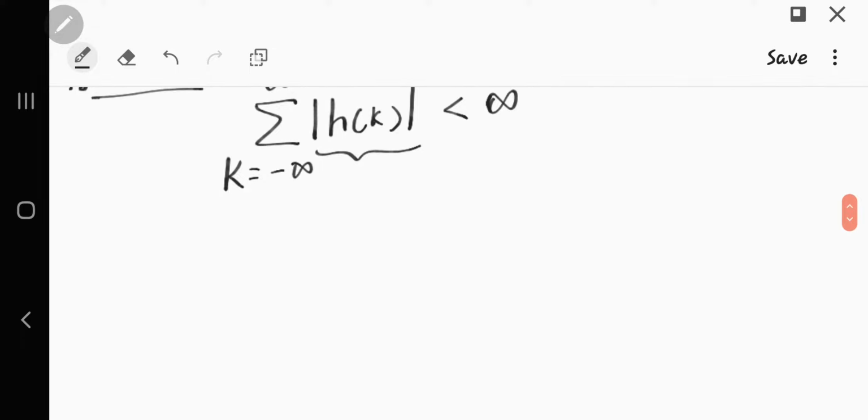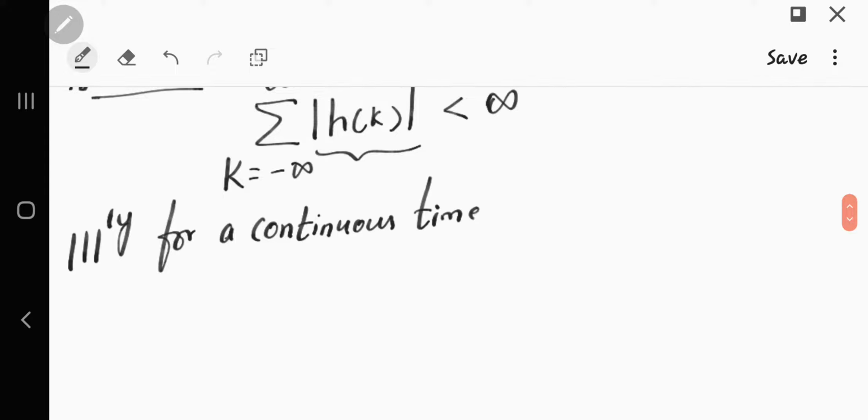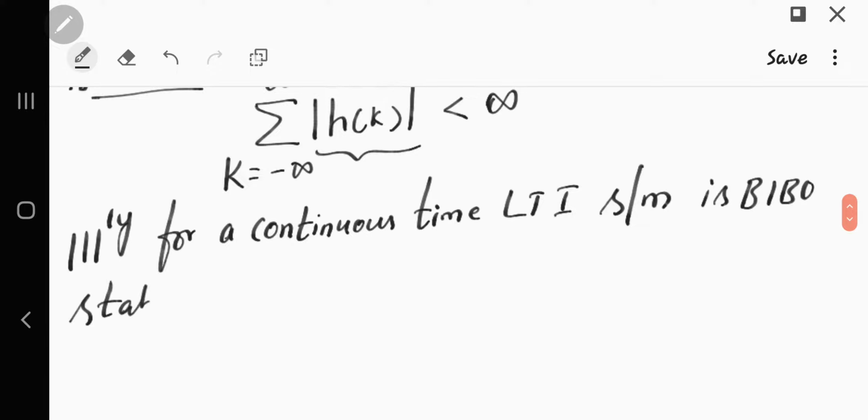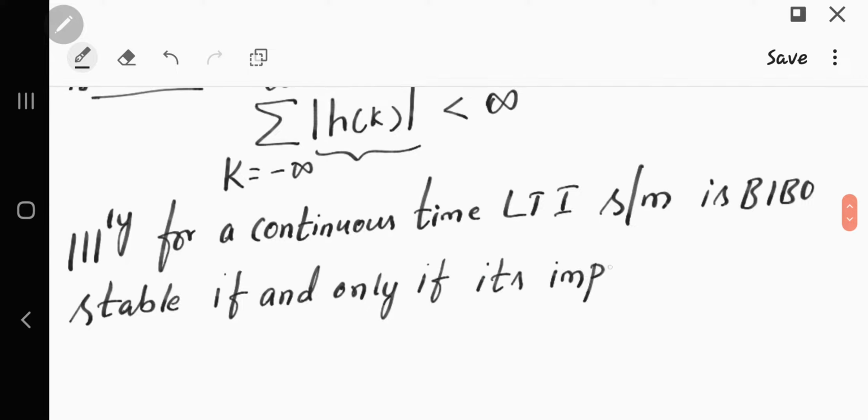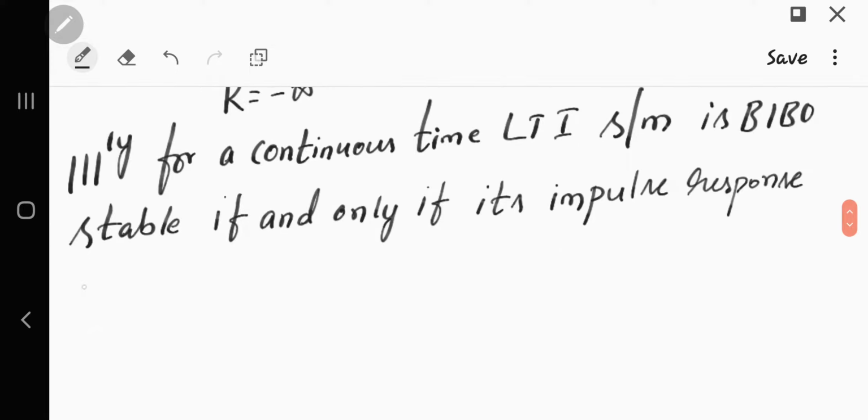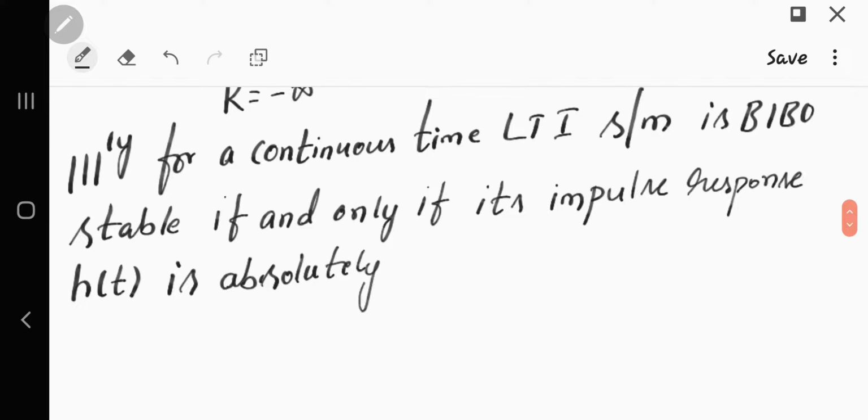So in case of continuous time system, similarly, a continuous time LTI system is bounded input, bounded output stable if and only if its impulse response, h of t, is absolutely integrable.